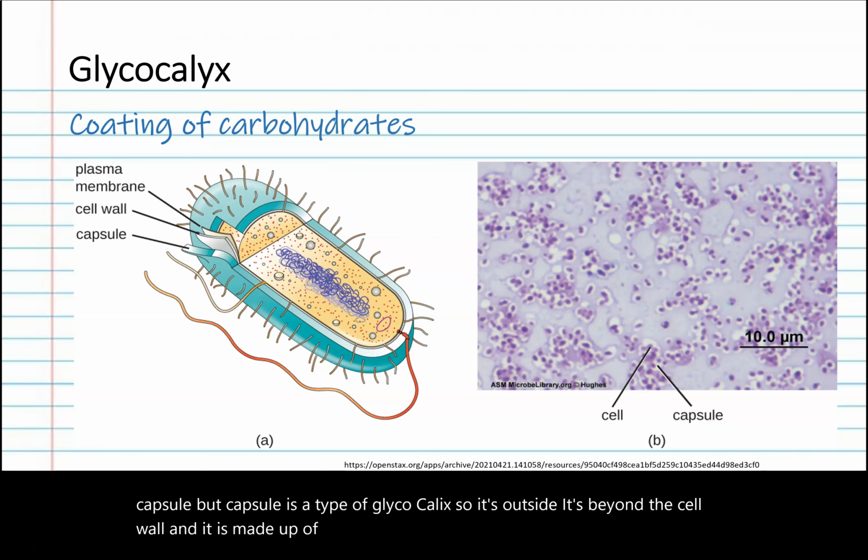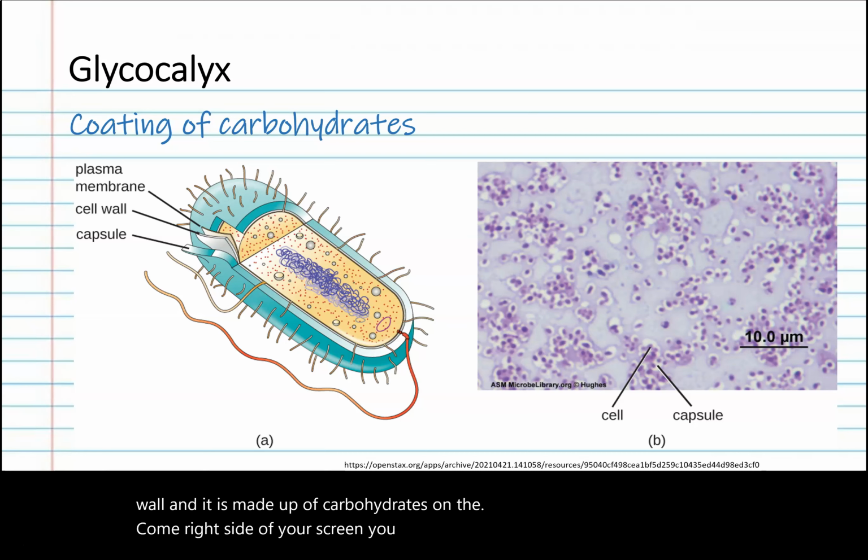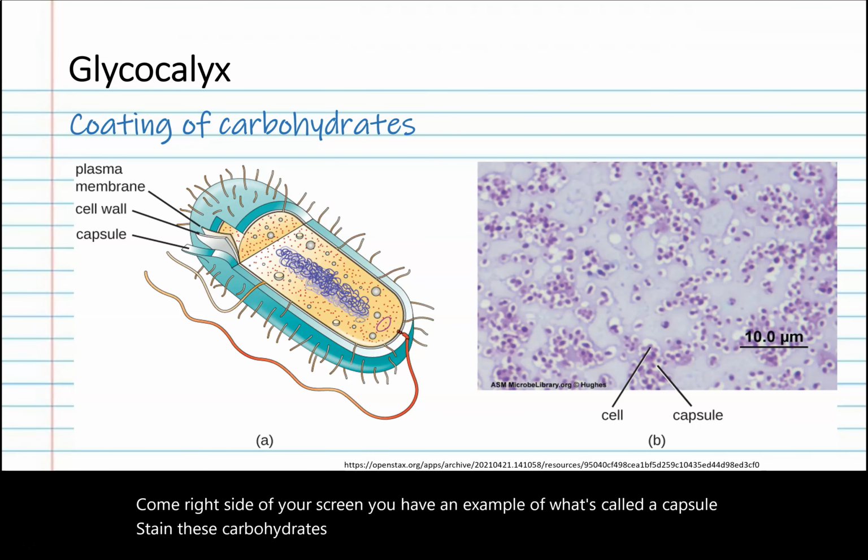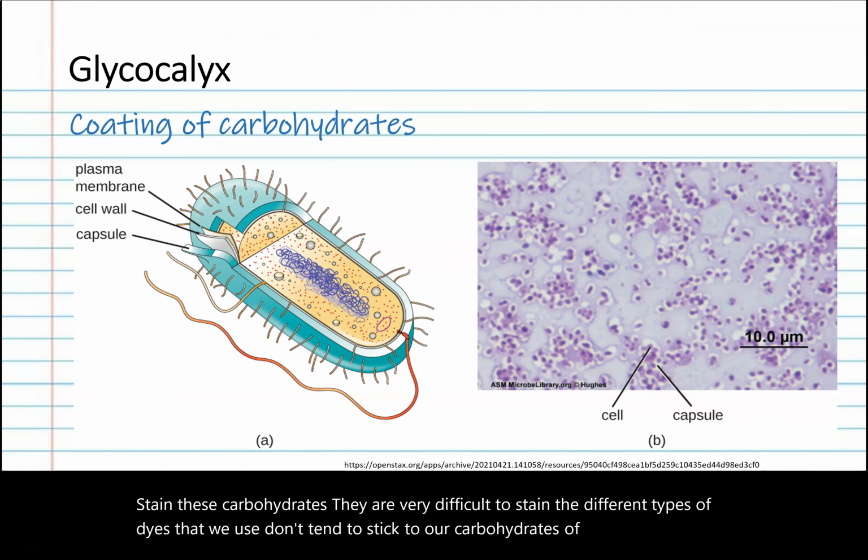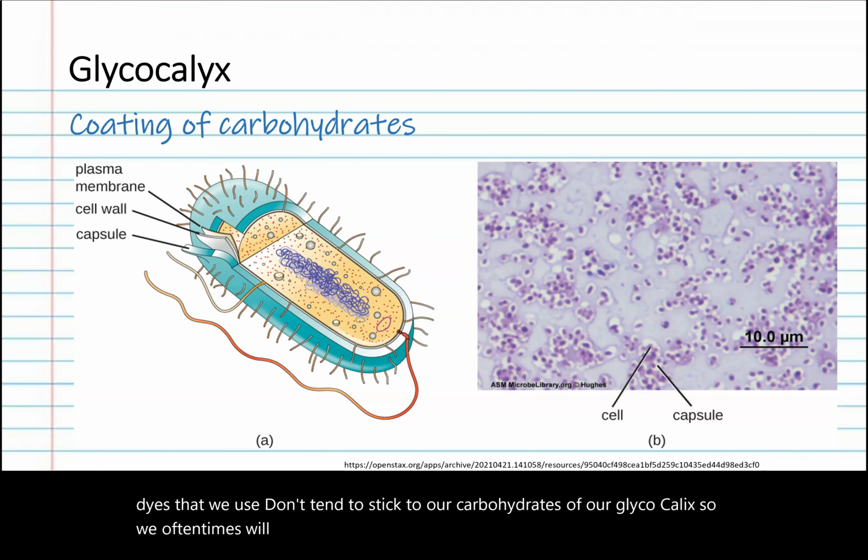On the right side of your screen, you have an example of what's called a capsule stain. These carbohydrates are very difficult to stain. The different types of dyes that we use don't tend to stick to the carbohydrates of our glycocalyx, so we oftentimes will use negative staining in order to visualize them.